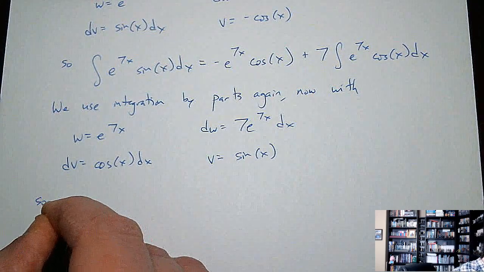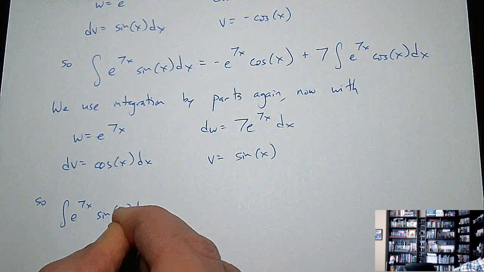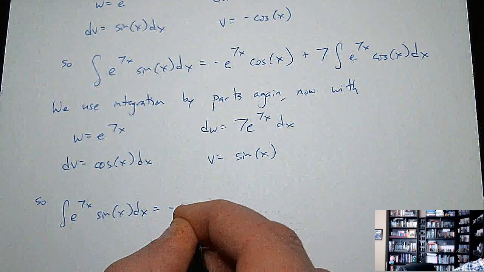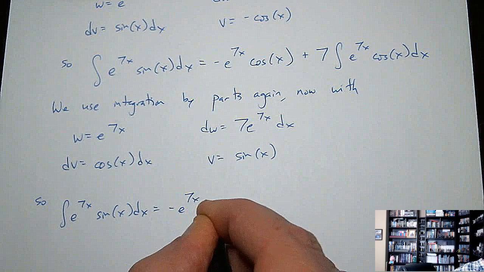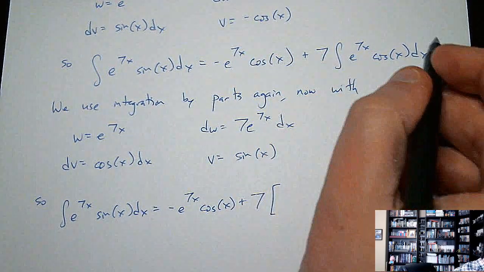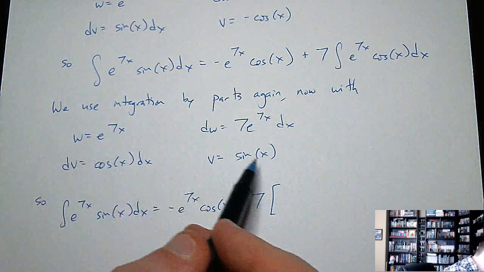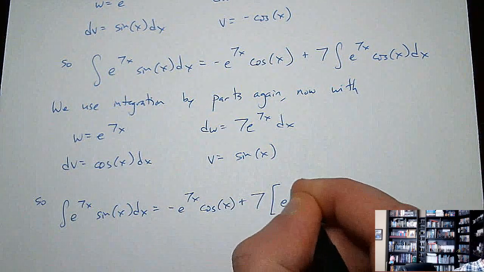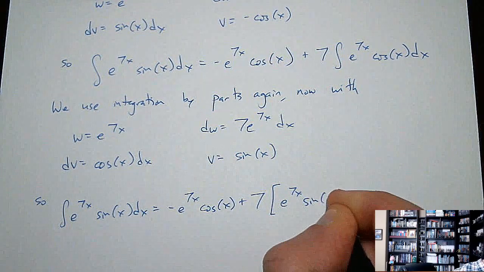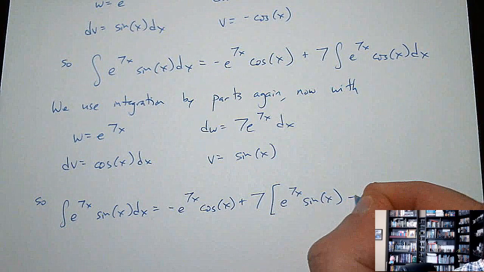So now we've got that our original integral is going to be equal to negative e to the 7x cosine x plus 7 times. So we're applying integration by parts now to this integral. So again, that's v times w, e to the 7x times sine x, minus the integral of v dw. And I'll pull that 7 out.